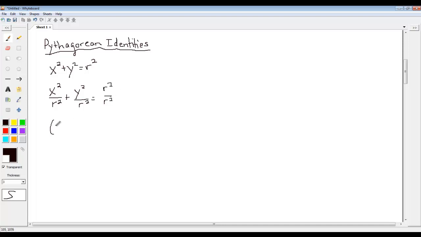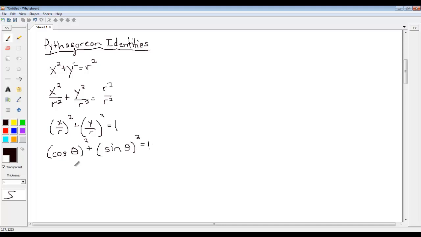So we got x over r, squared, plus y over r, squared, equals 1. But wait a minute. Cosine theta is x over r. Oh my goodness. So we've got cosine theta squared plus, and then sine theta is y over r, so sine theta squared equals 1.